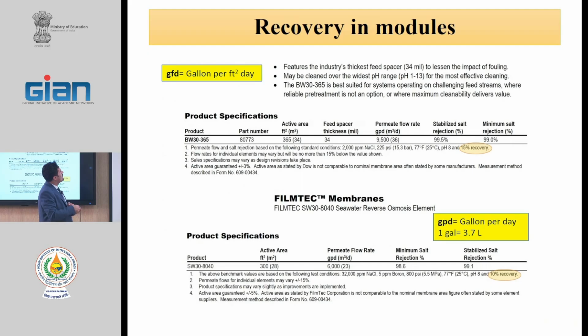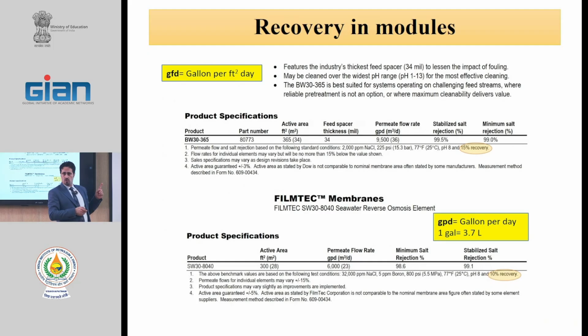This is a catalog of a commercial Filmtec module, and you see that the recovery of a module with 1 meter length is only 50%. That means if we want to reach, for example, 75%, we must use 5 series modules.